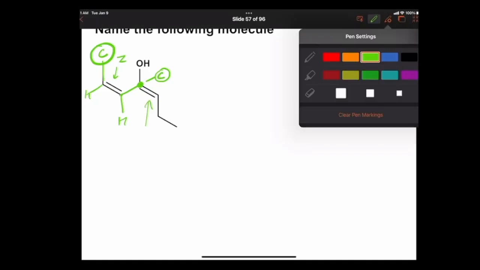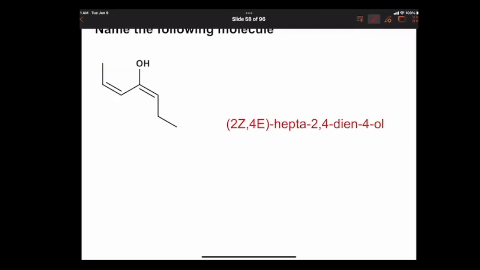Let's do the other one. Second one, we have oxygen versus carbon. Who wins? Yeah, oxygen wins. Other side, hydrogen versus carbon. Carbon wins. So this second bond is an E.